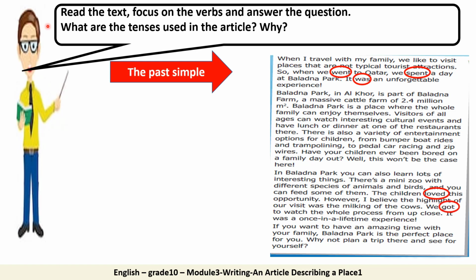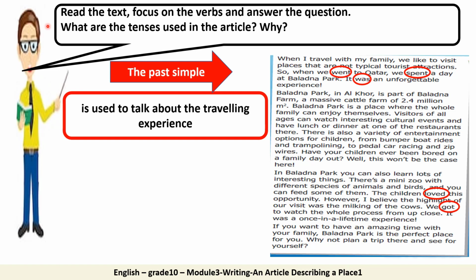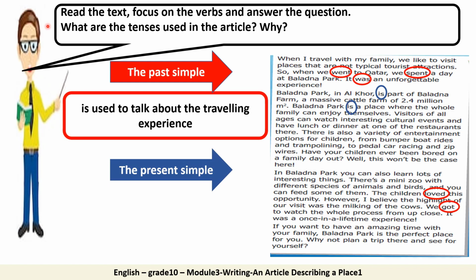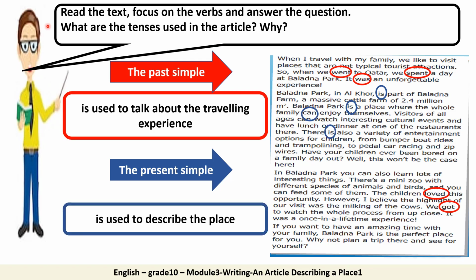Why is this tense used? Excellent. It is used to talk about the traveling experience. Now, what is the other tense used? Correct. It's the present simple tense, for example, is and is in the second paragraph. Why is the present tense used here? Very good. It is used to describe the place.